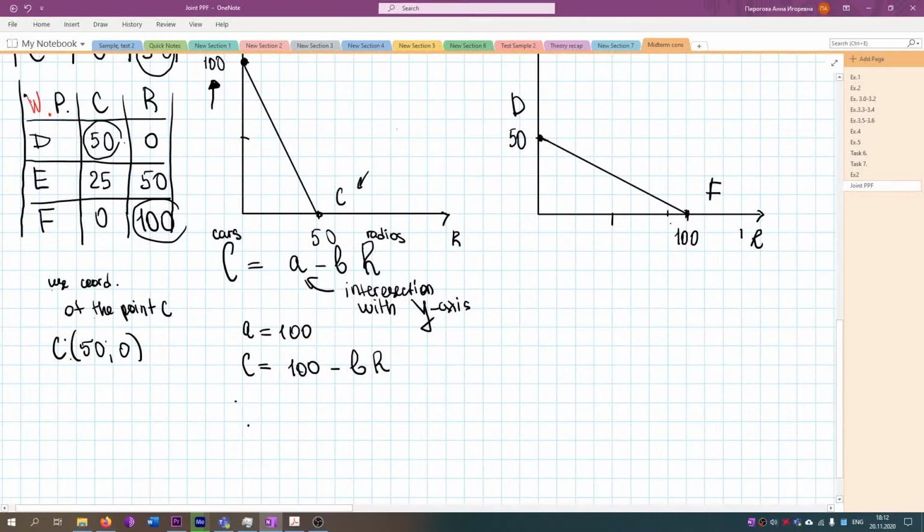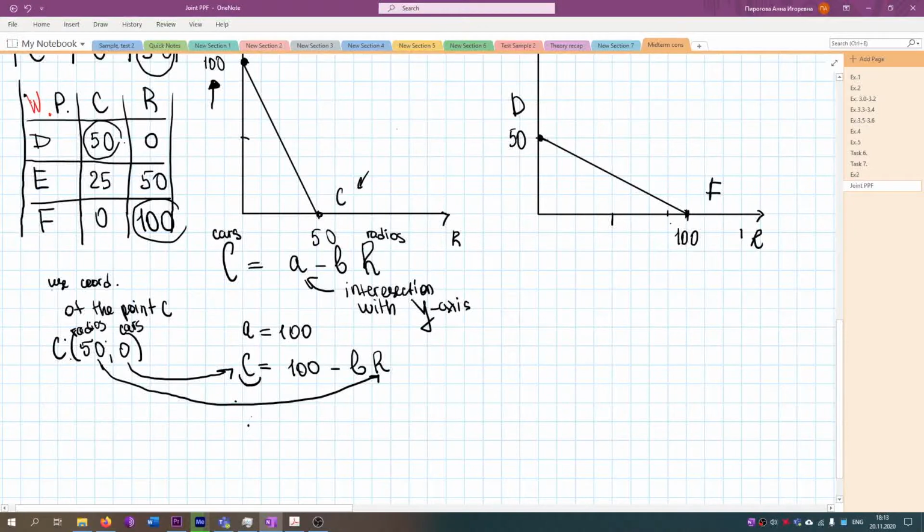And so cars are here, radios are here. So instead of C, we will use the amount for cars, and instead of R, we will use our amount for radios.